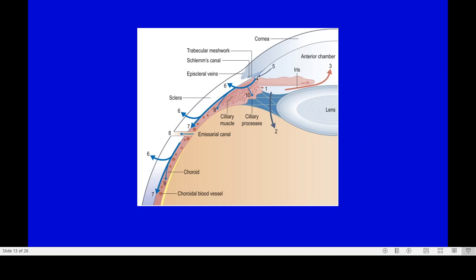Now the aqueous, as it drains out of the eye, follows two important routes. The first one is trabecular outflow, which accounts for around 90% of the aqueous drainage. As the aqueous is formed in the ciliary processes over here, it goes into the posterior chamber.